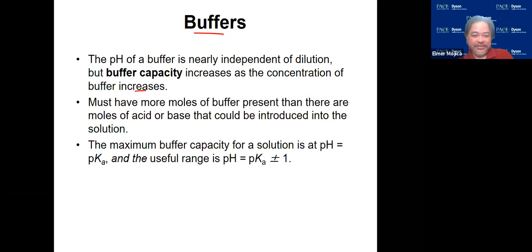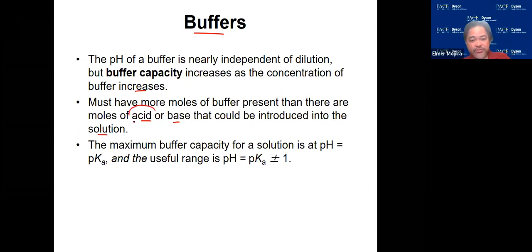Because there is what we call a limit to the buffer. As you're going to look at our calculation, once the amount of the acids or the bases is higher than the buffer system, it can drastically change the pH. So the way that it looks here, you must have more moles of buffer present than there are moles of acids that could be introduced in the solution.